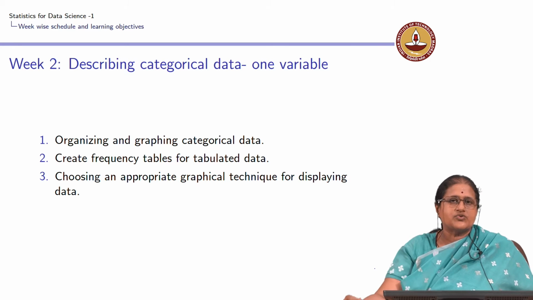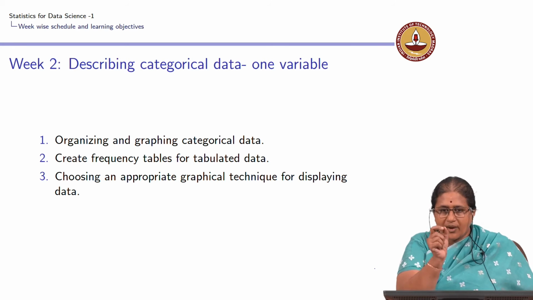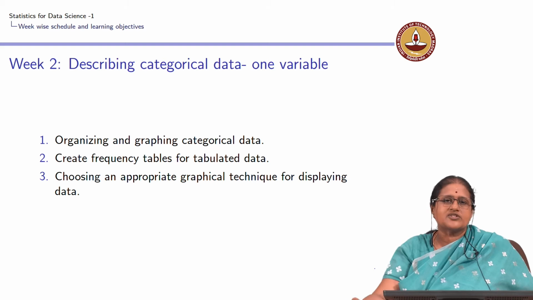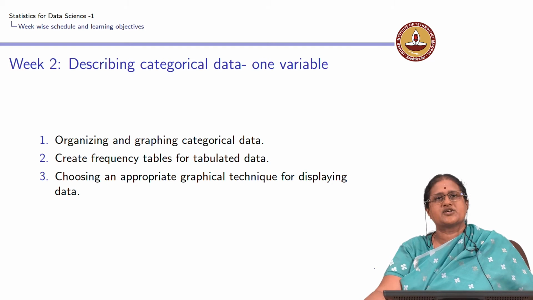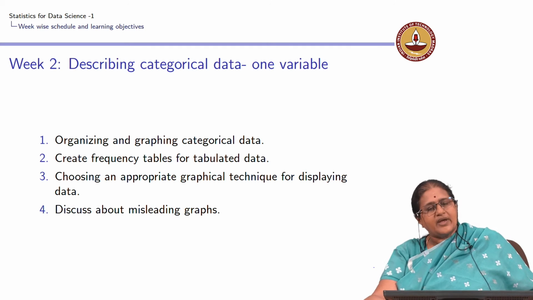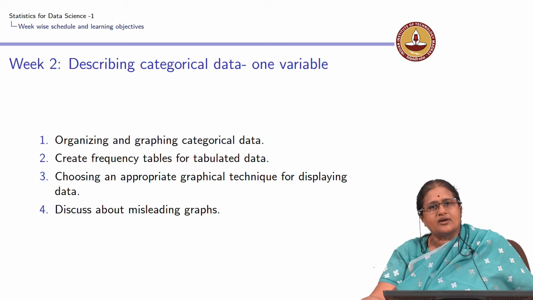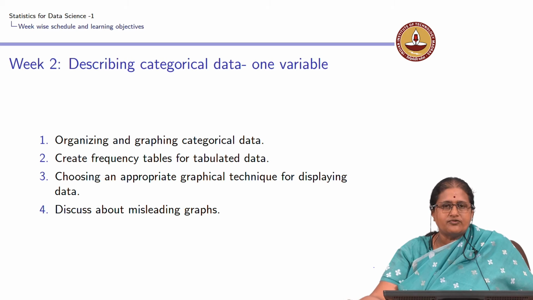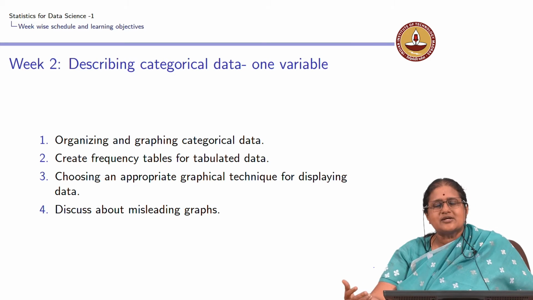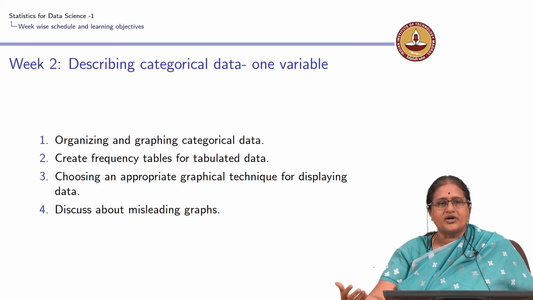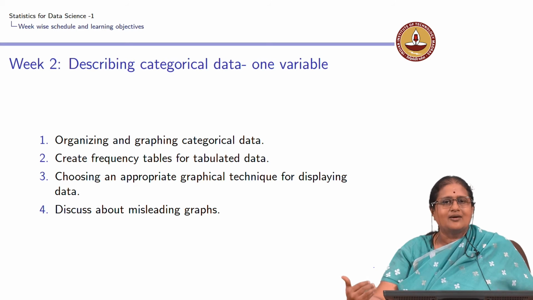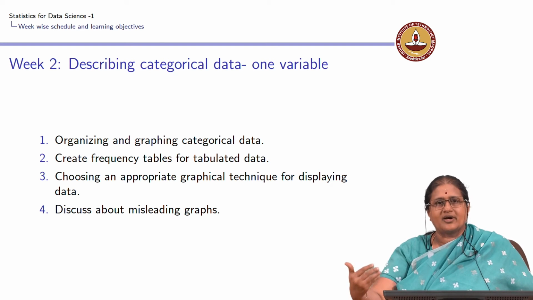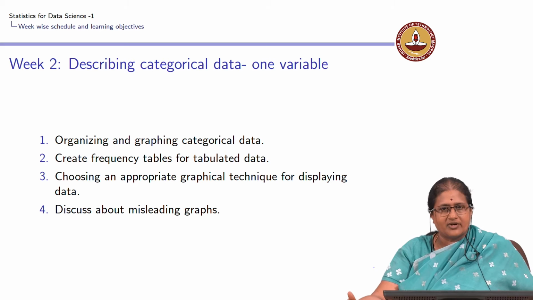You frame a question and identify the right technique to answer it. Many a time there are a lot of graphs which could be misleading, so we would also discuss how important it is to correctly convey data through graphical summaries.